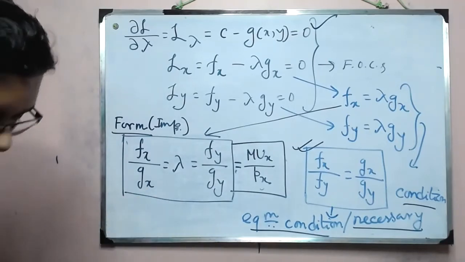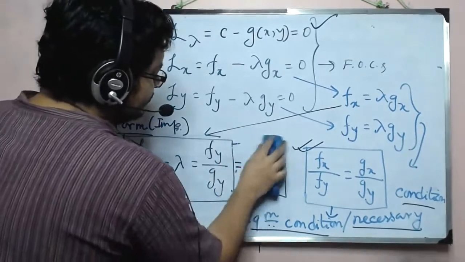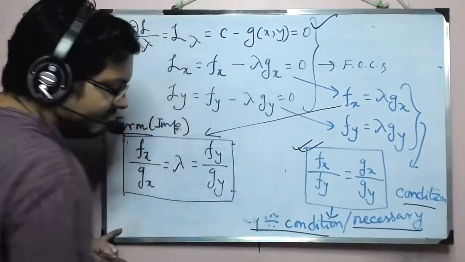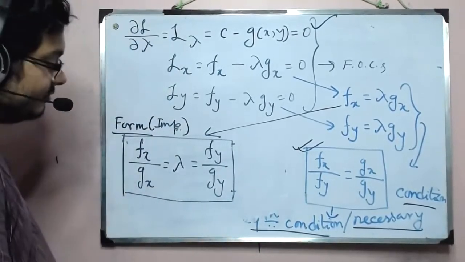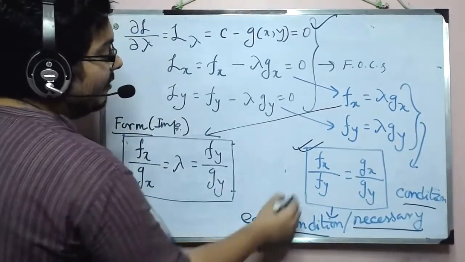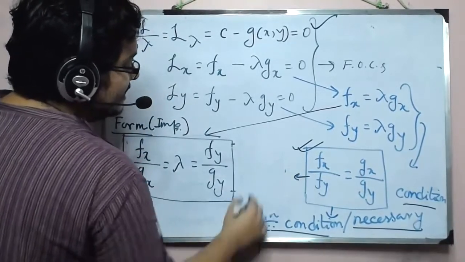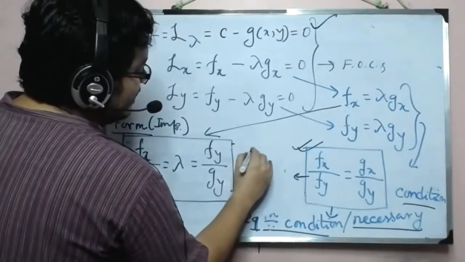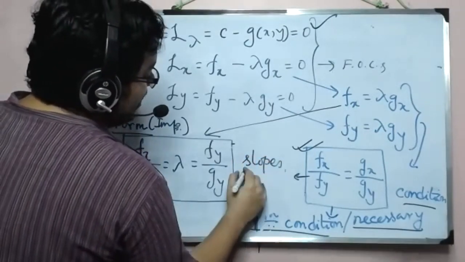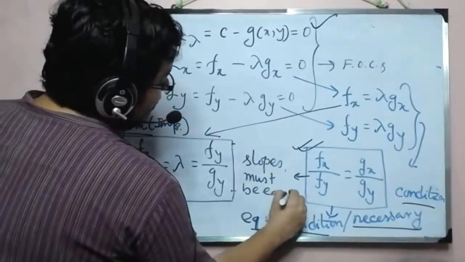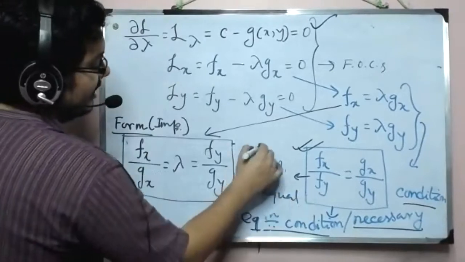Now for the time being, let's forget this, because we'll say it more clearly while solving the consumer behavior problem. Now look at what this says. This says that slopes must be equal, right?